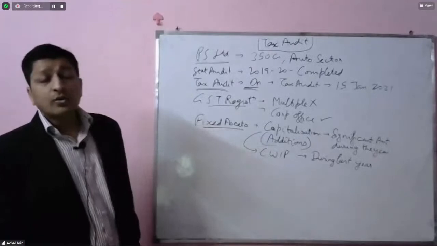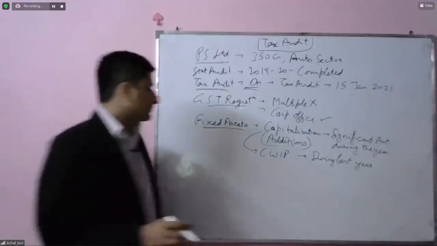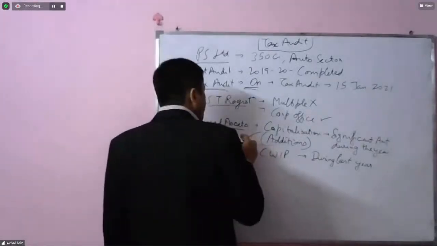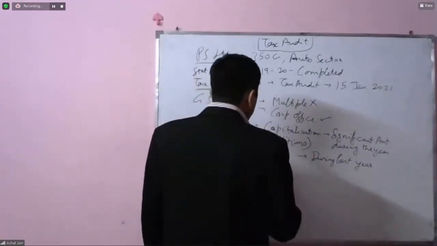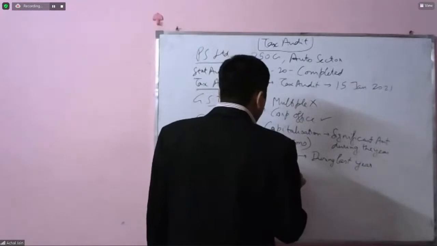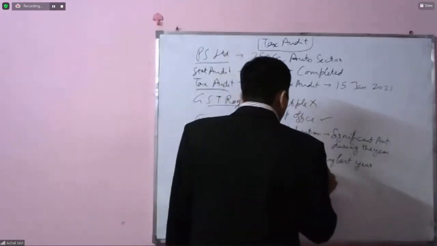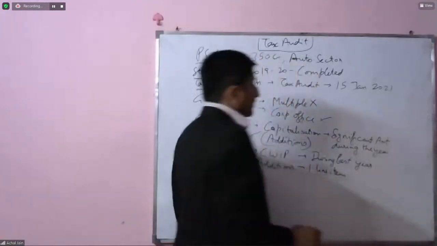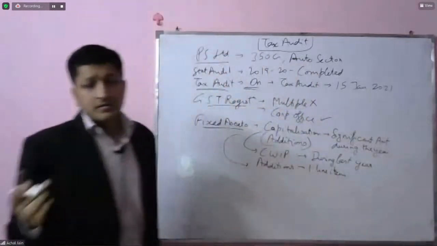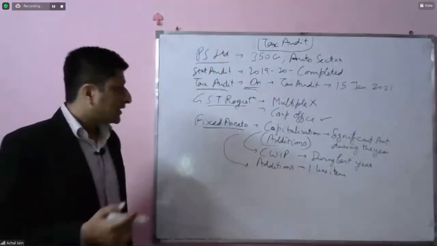Okay, and that too on a line by line basis. So management has a different view. Even if the additions are required to be shown, management is saying we will put the additions as one line item instead of hundreds of line items which are there.